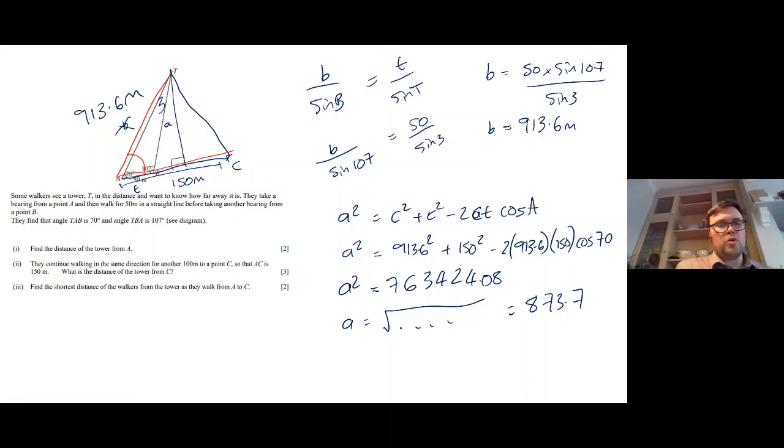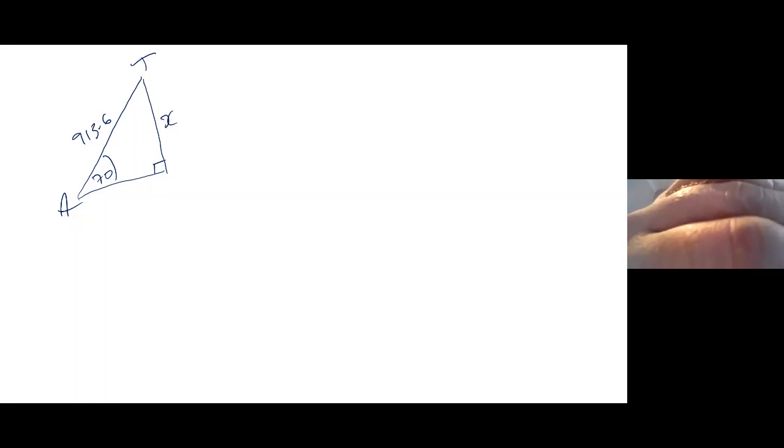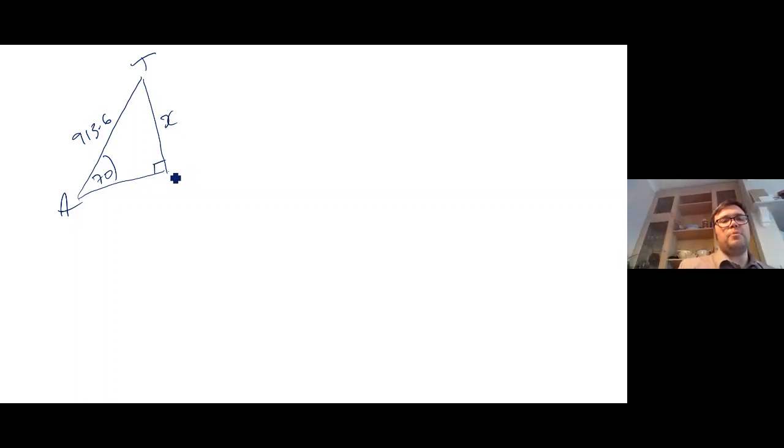So if I redraw that, we have a perpendicular from the tower. There's your T, there's your A. That's a perpendicular, so it's 90 degrees. That was 70. This was 913.6. And it was asking us to work out x, which is the shortest distance from A. And then if I put C over here, like so.